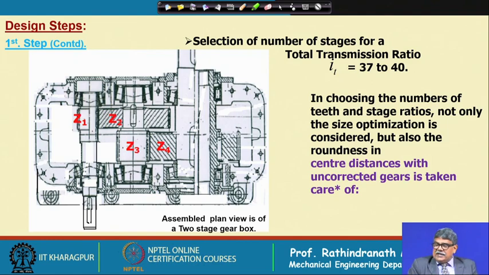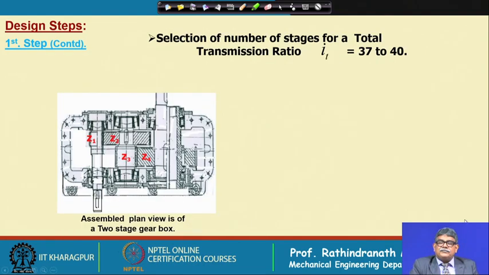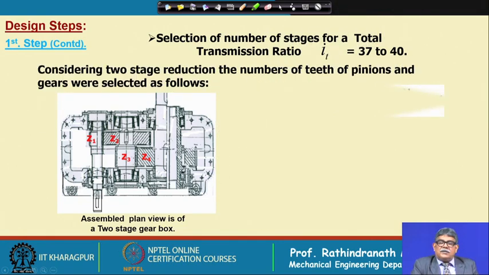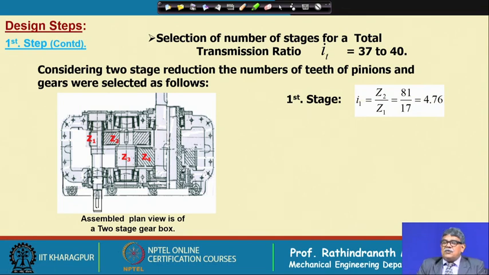So, with this idea, with these limitations, we shall consider that this will be of 2 stages. If the ratio is 37 and we take 6 as the limit in the first stage, then 6 into 6 point something will be very close to 40.